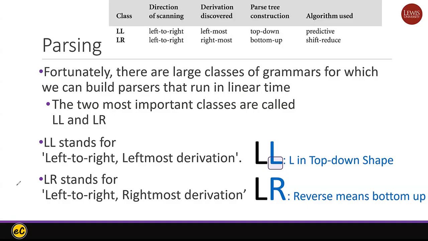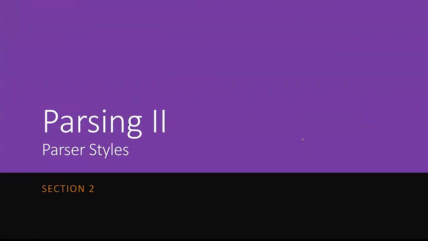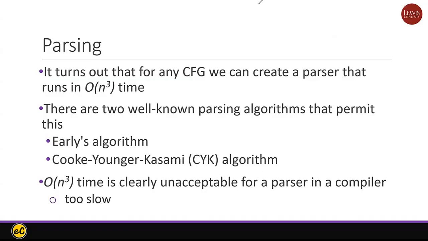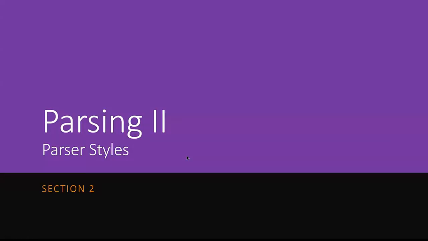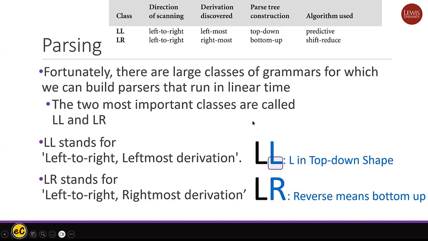But usually, as we say, parsing is an order n cubed algorithm, but we want to make the compiler faster. So we try to limit some of the capabilities to find a certain set of grammars so that the parsing can be done in linear time or near linear time.